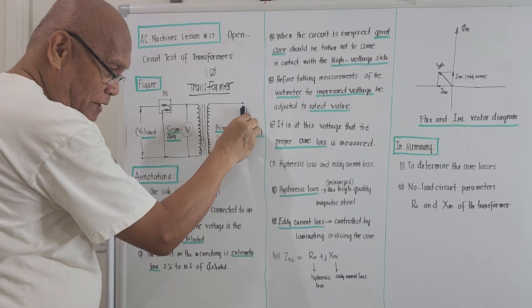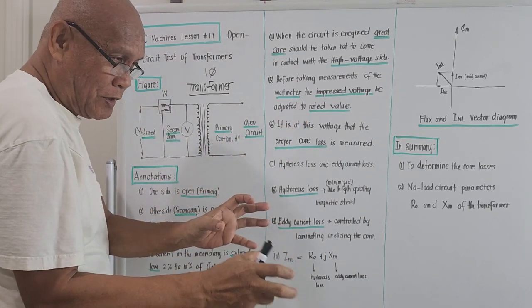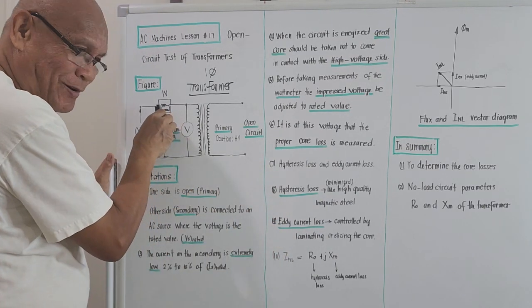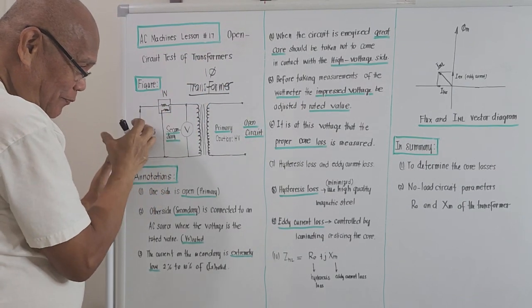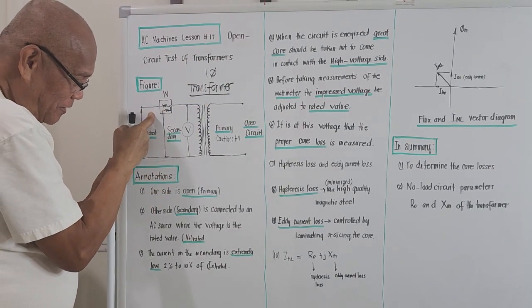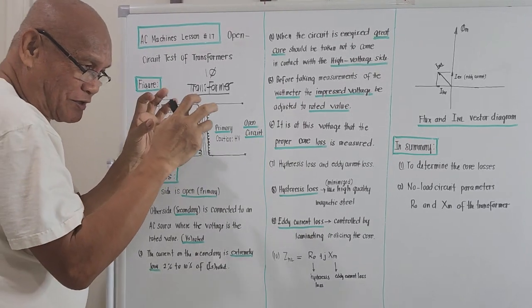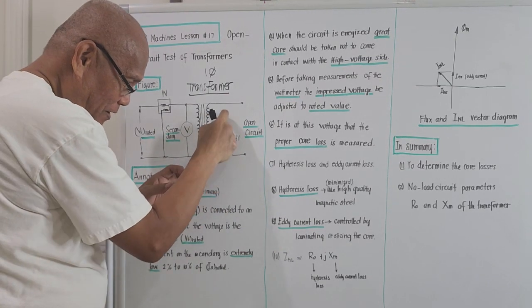This is the primary side. We just interchange it, because for the open circuit test the instruments are connected on the secondary side. So the wattmeter and the voltmeter are connected on the secondary side. What is open is the primary side.